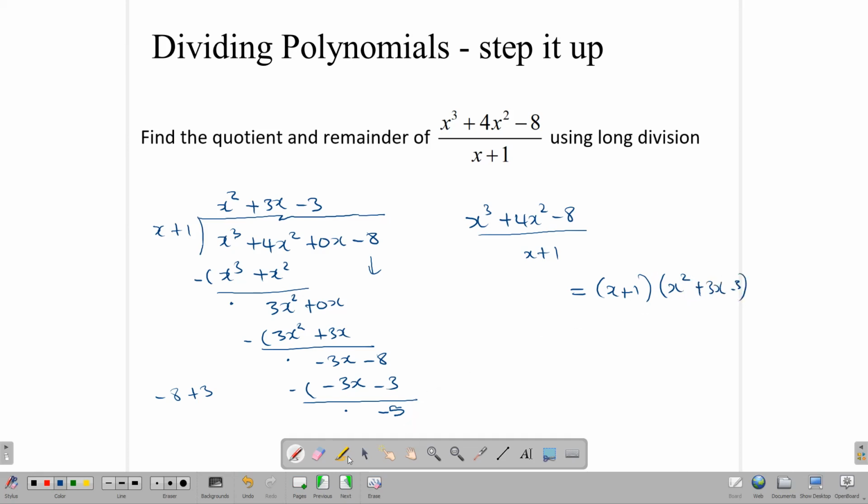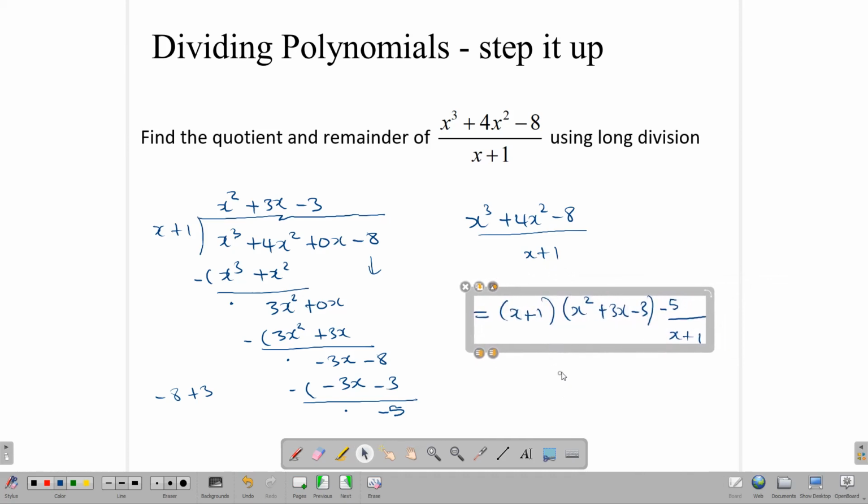And our remainder is, I should write this 3 a little better, just a moment here, minus 3 plus our remainder, which is negative 5 over what we're dividing by, x plus 1. Let's just move it a little bit closer here. So when we divide x to the third plus 4x squared minus 8 by x plus 1, what we end up with is the result x plus 1 times this plus our remainder of negative 5 over x plus 1.